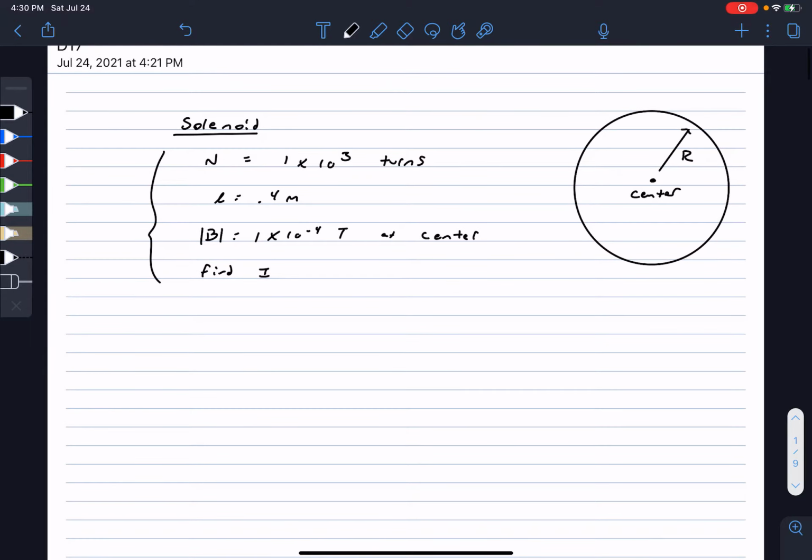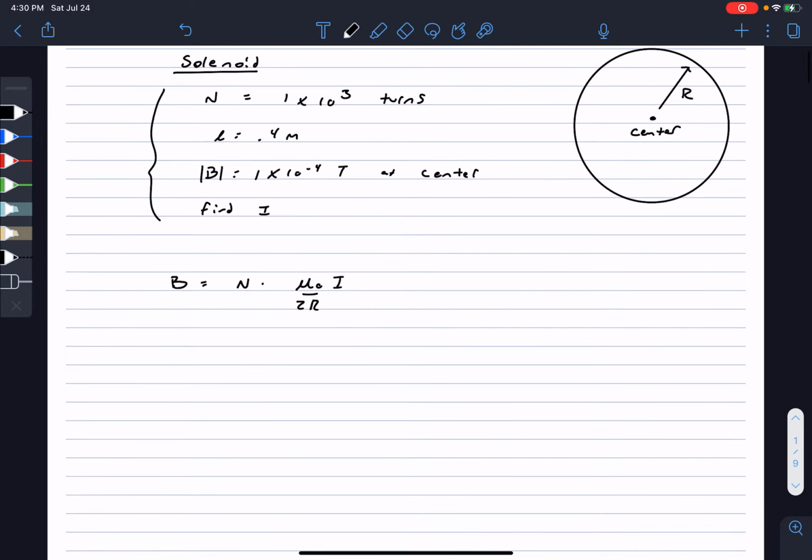Okay, well, one thing we can do is look at the formula we have been given in the book, 1 over 2R.